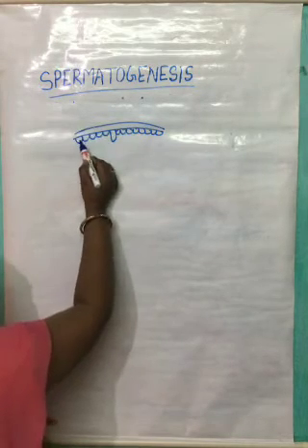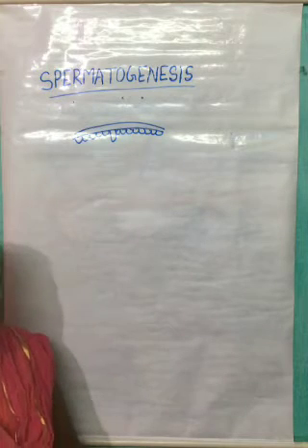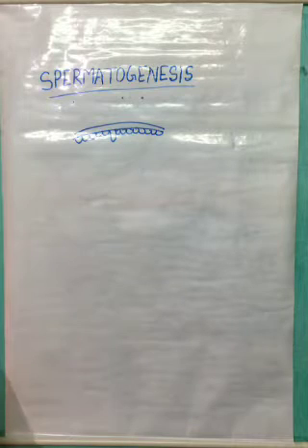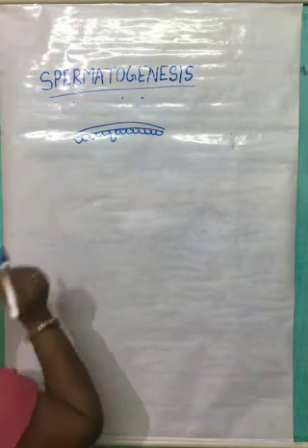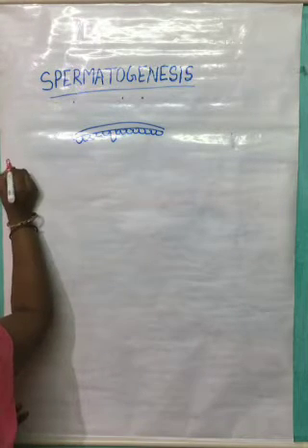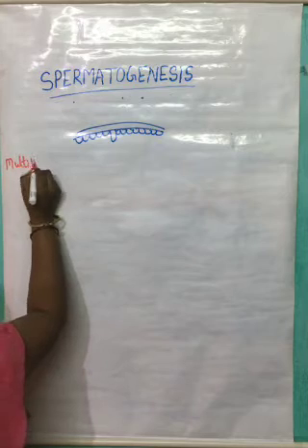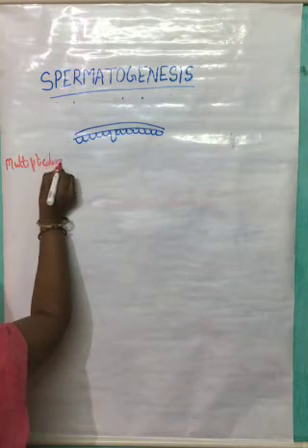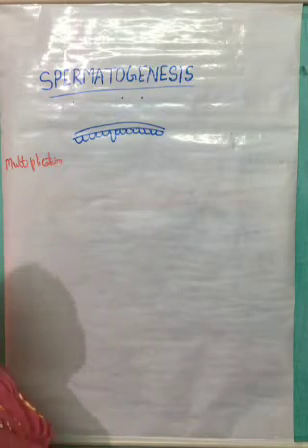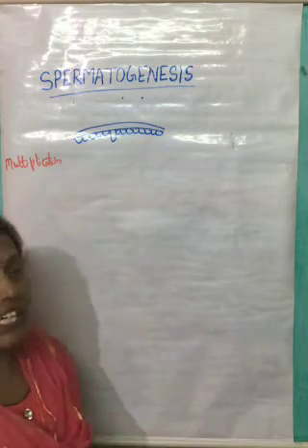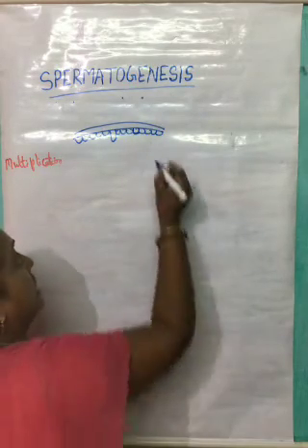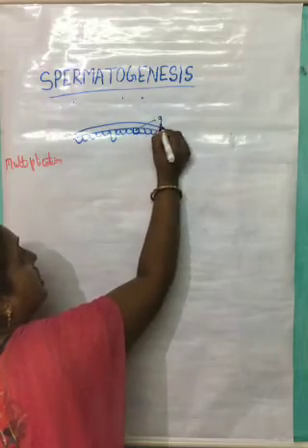Here these are the primary spermatogonial cells, or we can say the primary germ cells. The first event of spermatogenesis is the multiplication stage. During this, what happened? We can take any one of the primary germ cells, and we know that these are diploid.